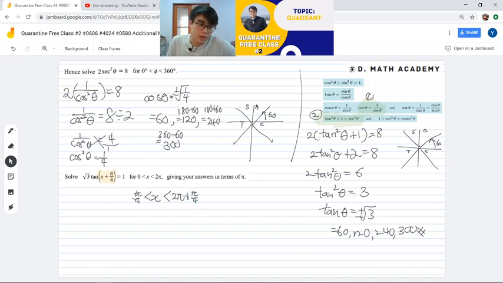Okay, so if you couldn't understand the exact range, you're always encouraged to convert it back first. So this is actually 45 degrees. This is actually 405 degrees. So this is the range they are referring to.